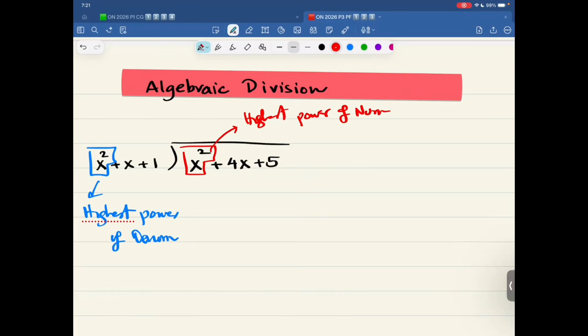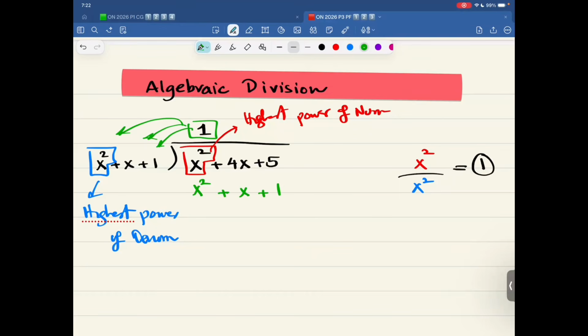So now this x squared divided by this x squared, what do I get? I get a 1. So this 1 becomes the quotient, and I write it over here. I take this 1, I multiply it with every single term of the divisor, and I write it over here: x squared plus x plus 1.